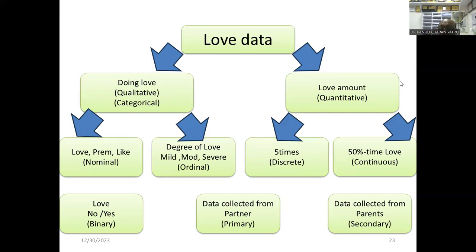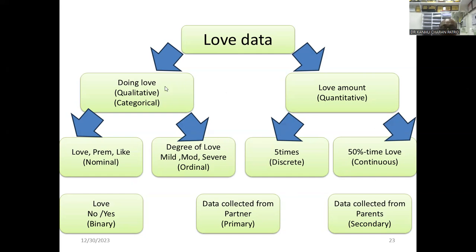Love amount, how much love you are doing, is quantitative data. Suppose in a day, how many times you tell your partner you love them, that is 5 times. But what percentage of time, like 50% of the time over the year you are staying at home, that percentage data is continuous data.